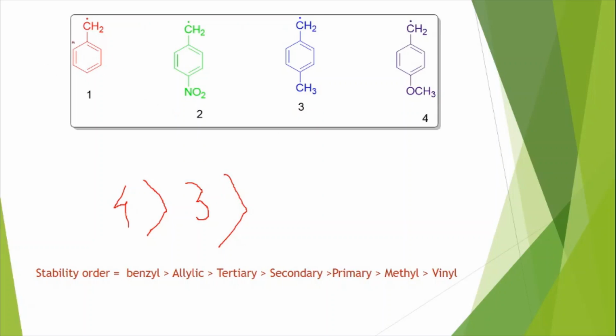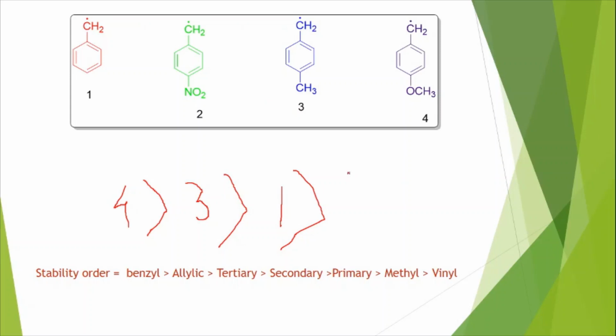And the third most stable is this benzyl radical. The benzyl radical is stable because it doesn't have any substituent, but it's stabilized by resonance.